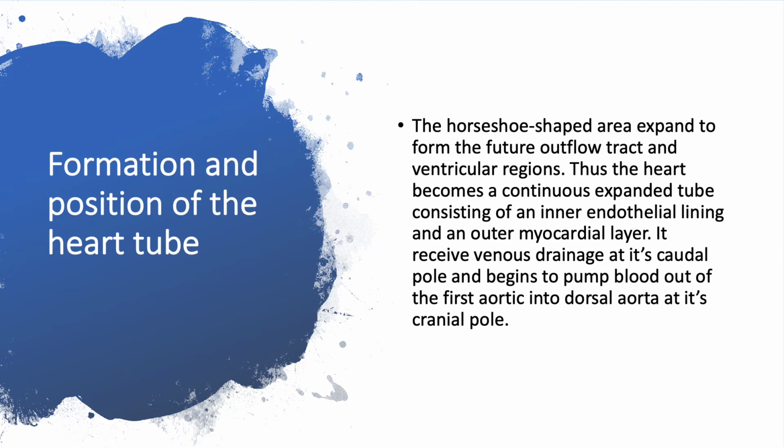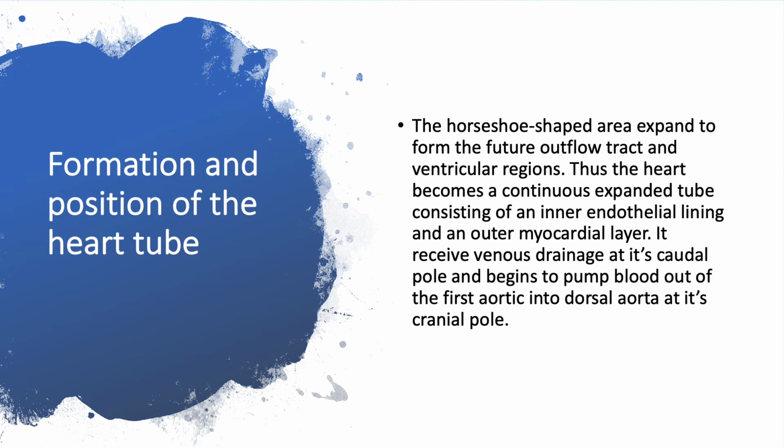Because of this expansion, the ventricular region of the heart will appear. Thus, the heart at this time becomes a continuous expanded tube consisting of two layers, the inner endothelial lining and the outer myocardial layer.